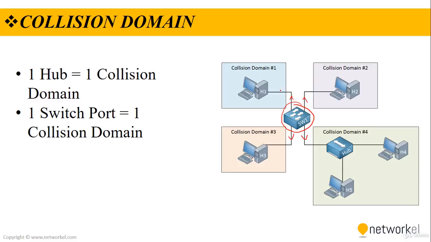Each port of the switch is a separate collision domain. This is collision domain 1, this is collision domain 3, this is collision domain 2, and this is collision domain 4. But as you can see here, separate ports of the hub are not separate collision domains. All ports of the hub are in the same collision domain, which is collision domain 4 here.